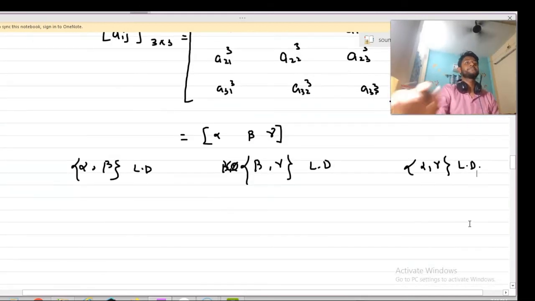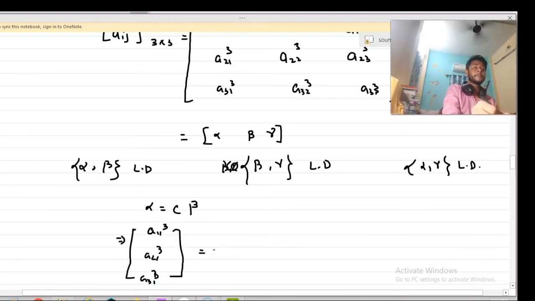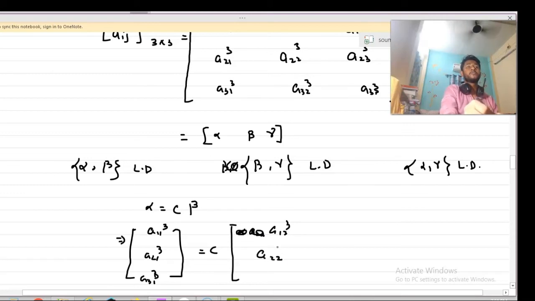Now alpha, beta is linearly dependent. It means I can write alpha as some multiple of beta, that is C beta. Alpha is the first column vector, so A11 cube, A21 cube, A31 cube is equal to the scalar C into beta, that is A12 cube, A22 cube, A32 cube.